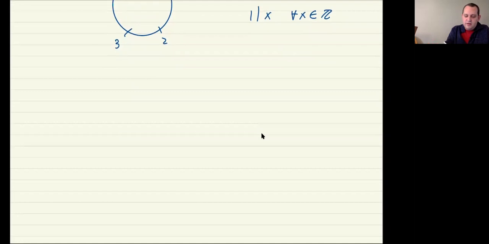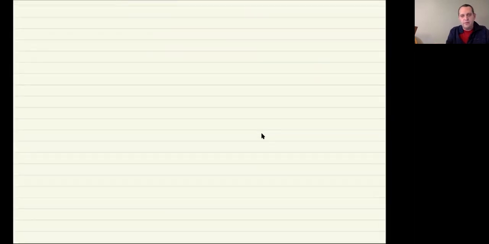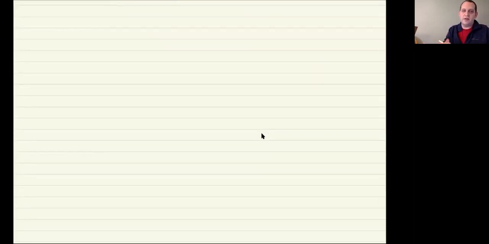Now, I want to give another definition, or rather, whether you want to call it a definition or another way to think about modular arithmetic. It turns out that there are a few different equivalent ways to think about modular arithmetic. They're really all the same way, and we'll explain as we go along.